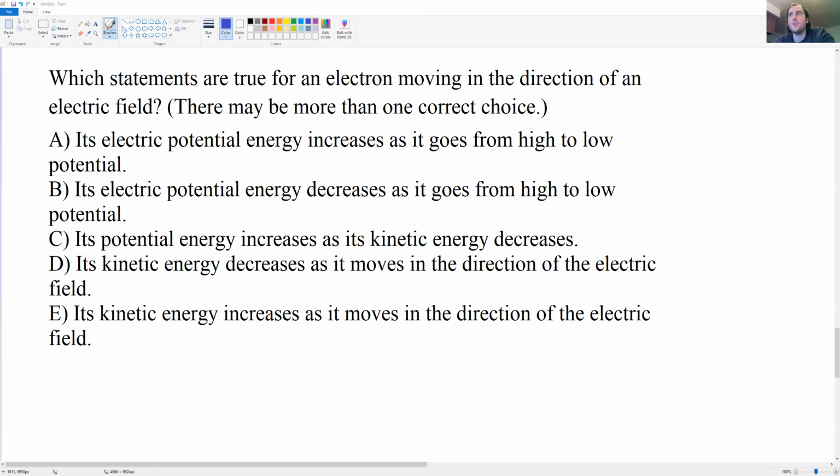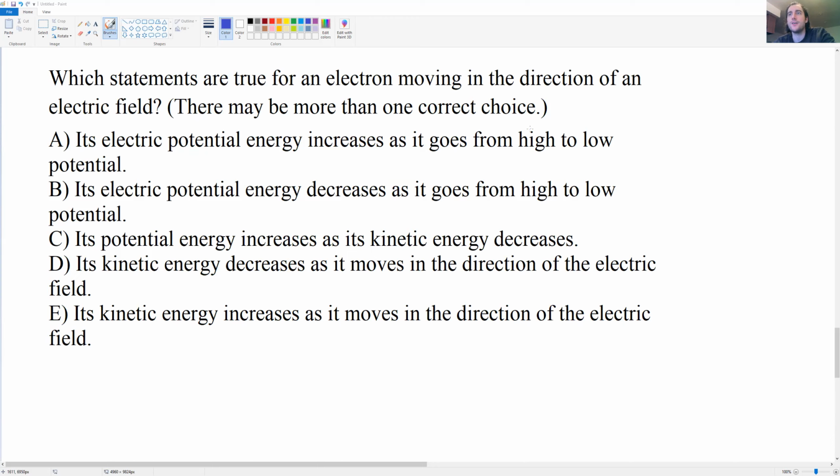And we're back with the next question, another which-statements-are-true type of question. I thought there was a lot of good discussion when we did this one earlier. Which statements are true for an electron moving in the direction of an electric field? There may be more than one correct choice. Answer A, its electric potential energy increases as it goes from high to low potential.